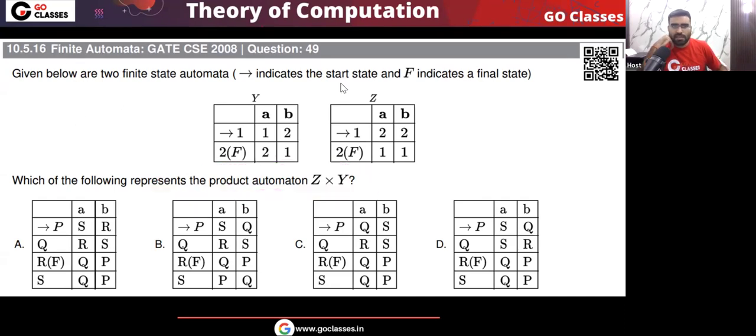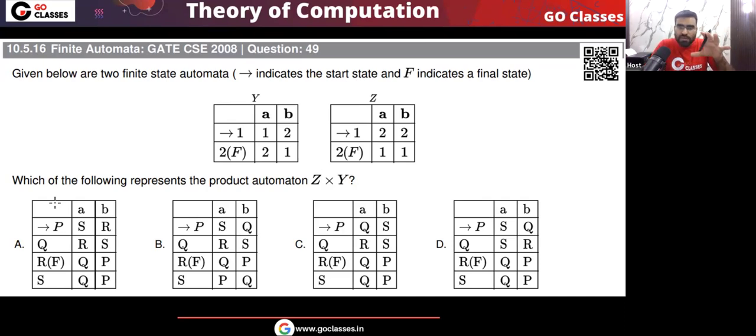This is not given. Let me tell you why. When it is not given for which operation you are creating the product automata, then by default we are creating product automata for intersection. Remember, this is basically a default assumption.